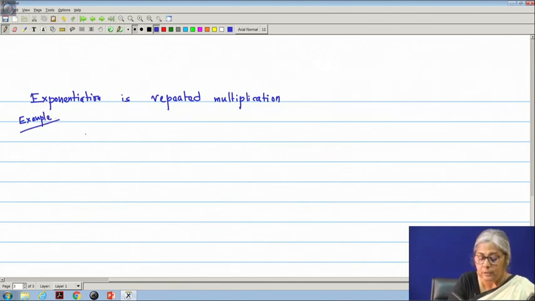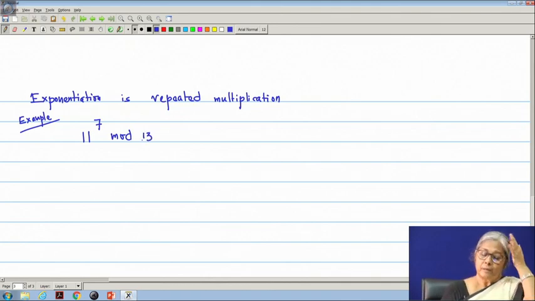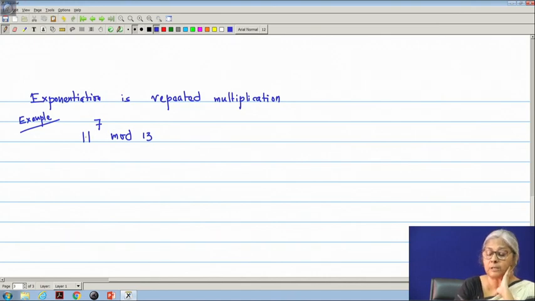Say we want to compute 11 to the power 7 modulo 13. Now, 11 to the power 7, that means we have to multiply 11 seven times, modulo 13. So, what we can do, see we have to compute this thing.